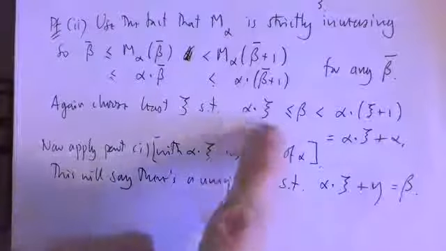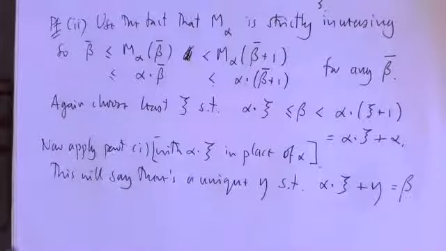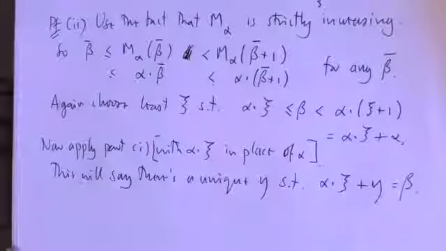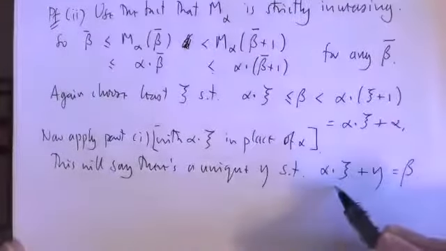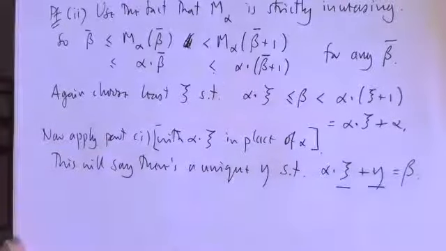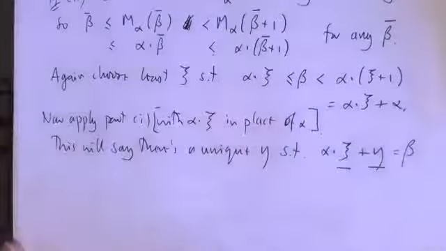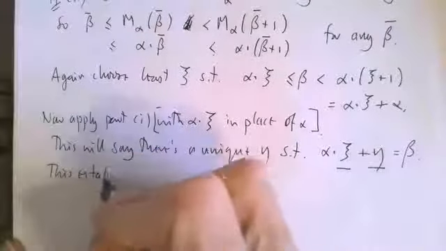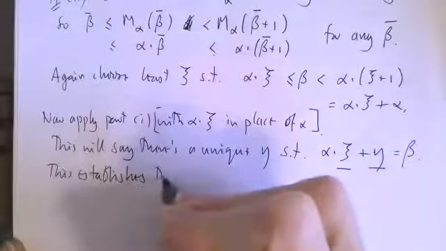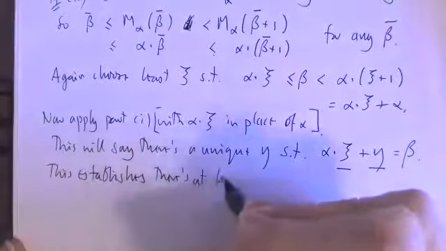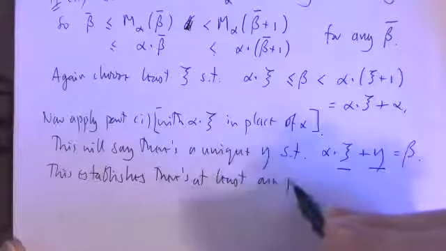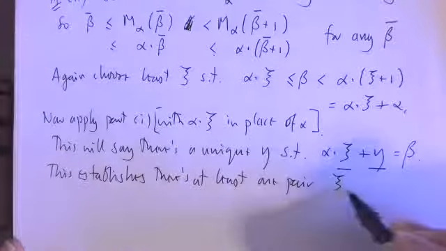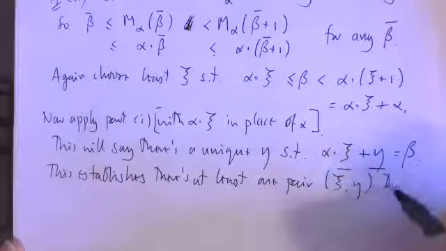It might be 0 if alpha times psi happens to equal beta. So that establishes that I've got at least one pair psi and eta that work to satisfy the lemma.